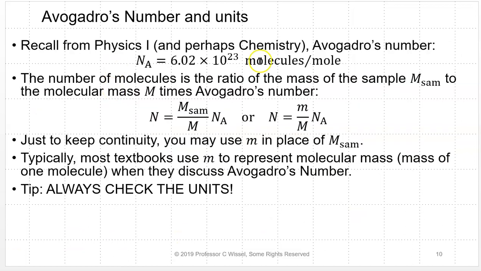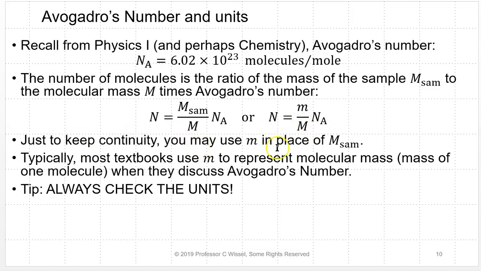Now, Avogadro's number. Recall from physics and chemistry, Avogadro's number, Na, is 6.02 times 10 to the 23rd molecules per mole. The number of molecules is the ratio of the mass of the sample, MSAM, to molecular mass, big M, times Avogadro's number. So N equals MSAM divided by big M times Na. Or N, capital N, equals little m over big M times Na.